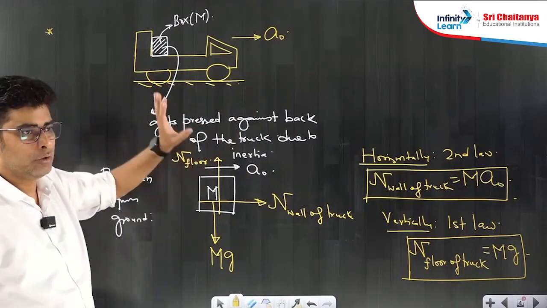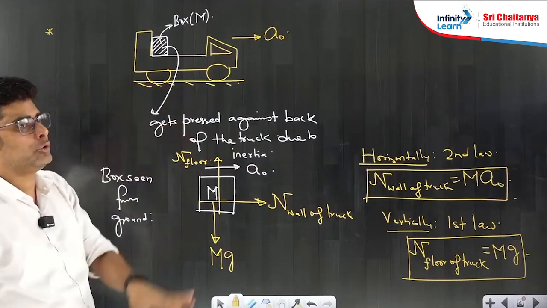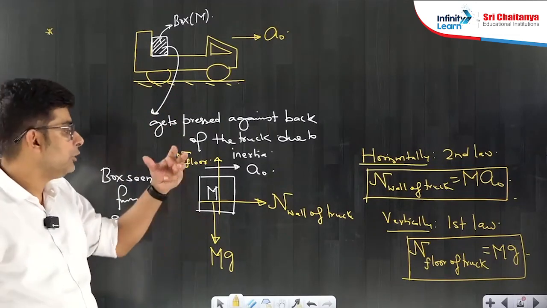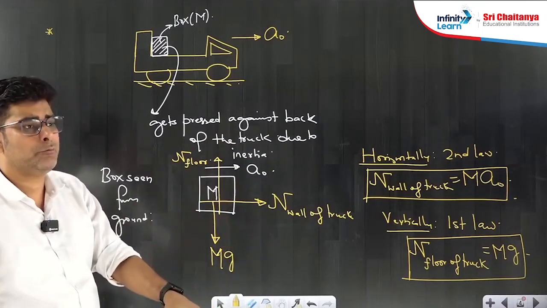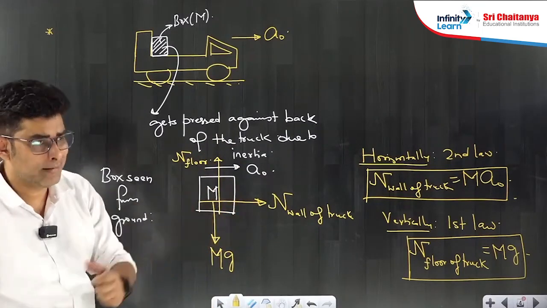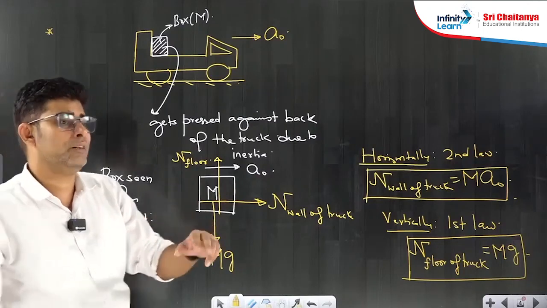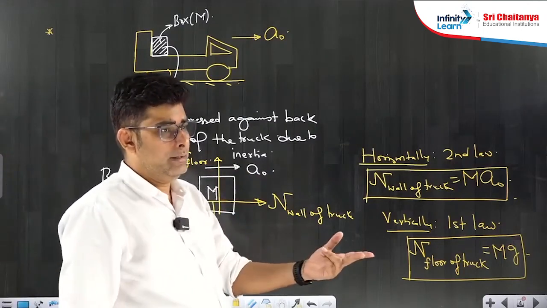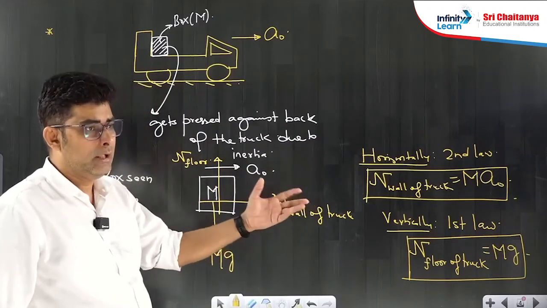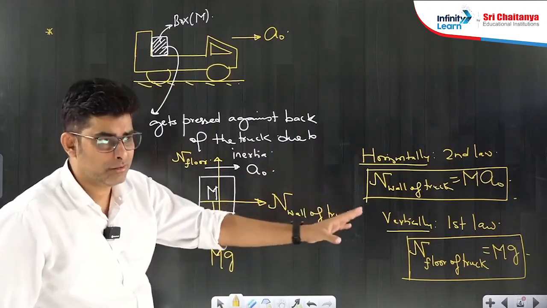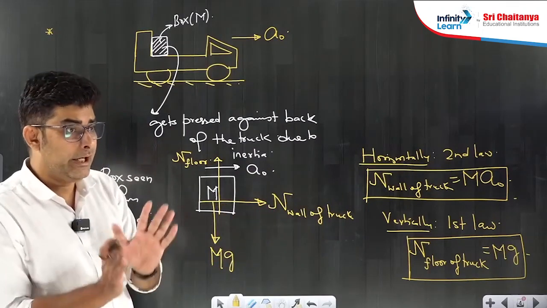Understood this thing? This is the main concept that you should focus on. What is the usage of a particular force? Is it balancing another force, or is it providing acceleration? If a force is balancing another force and there is no change in velocity, you will say that you use the first law, force balancing, equilibrium.